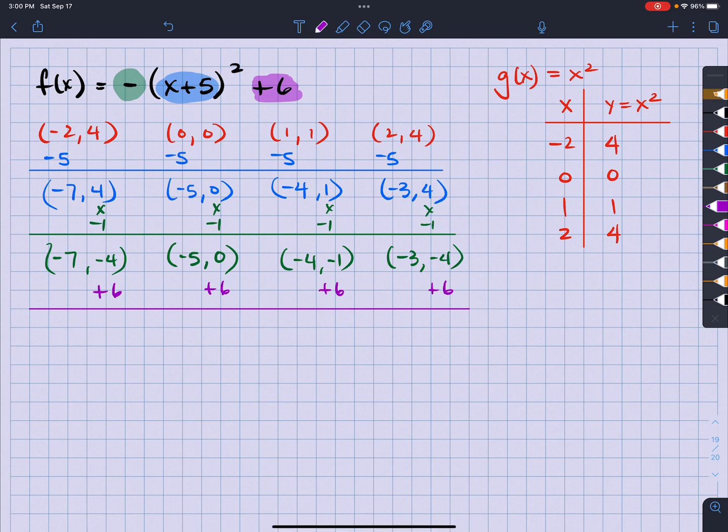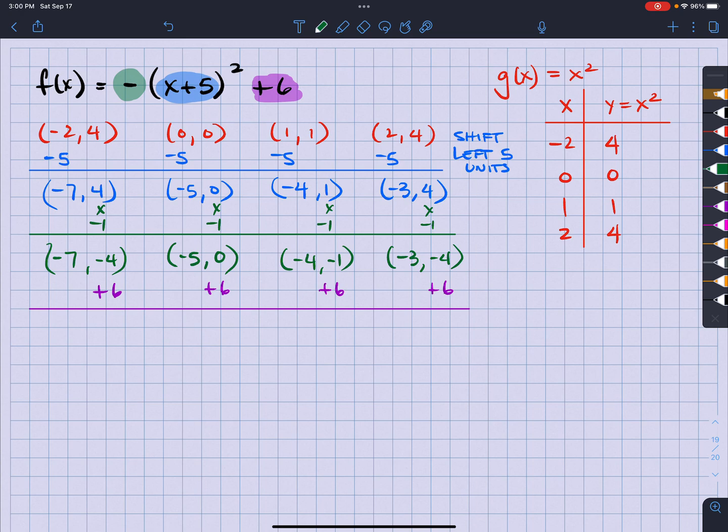Okay, so I guess I should do this. This is a shift left 5 units.